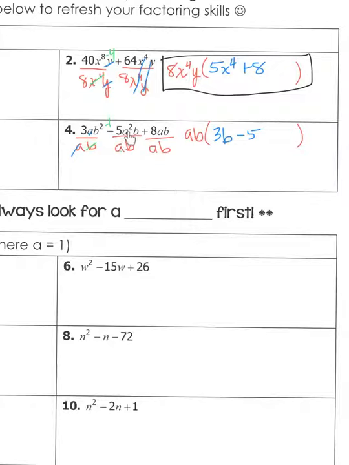And then this A cancels with one of those, so I end up with an A. And then the B's cancel 1 for 1. Finally, this 8 has nothing to cancel with, so I have a +8. But then the A's cancel 1 for 1, and so do the B's.